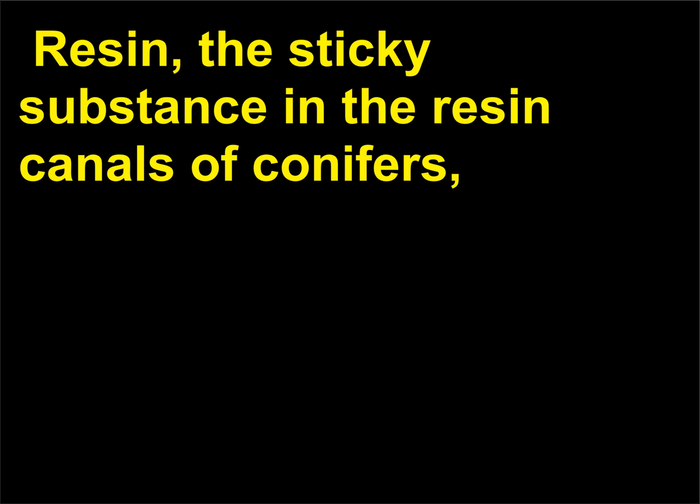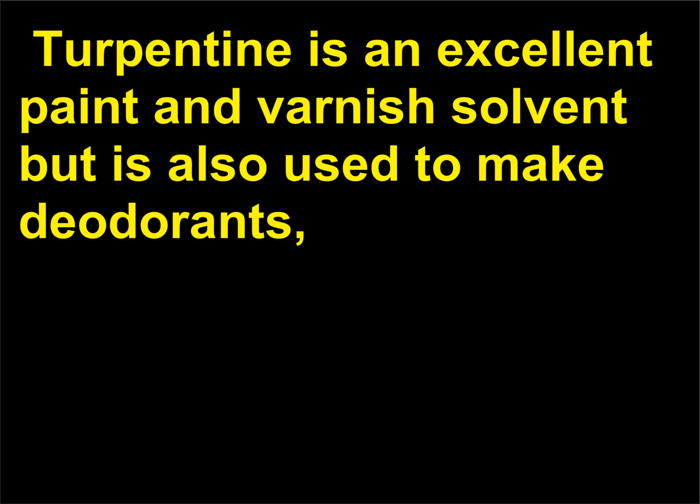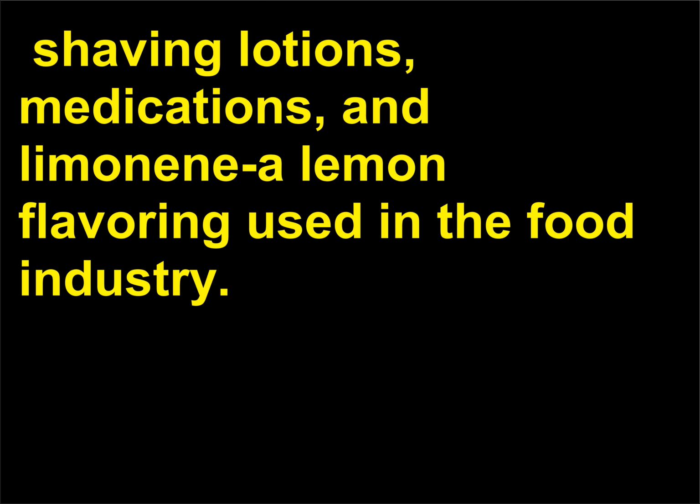Resin, the sticky substance in the resin canals of conifers, is a combination of turpentine, a solvent, and a waxy substance called rosin. Turpentine is an excellent paint and varnish solvent but is also used to make deodorants, shaving lotions, medications, and limonene lemon flavoring used in the food industry.